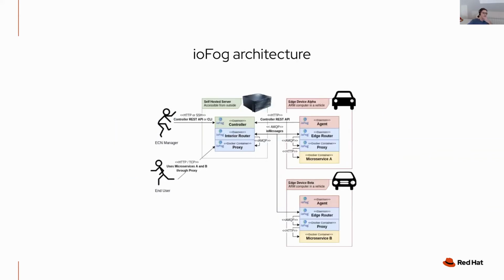So if you take a little bit of a look at the ioFog architecture, you can see that it's a common pattern in this kind of system when you have one controller, probably running somewhere in the cloud, and multiple edge sites and edge devices. And here you can see that we have two ways of communication.